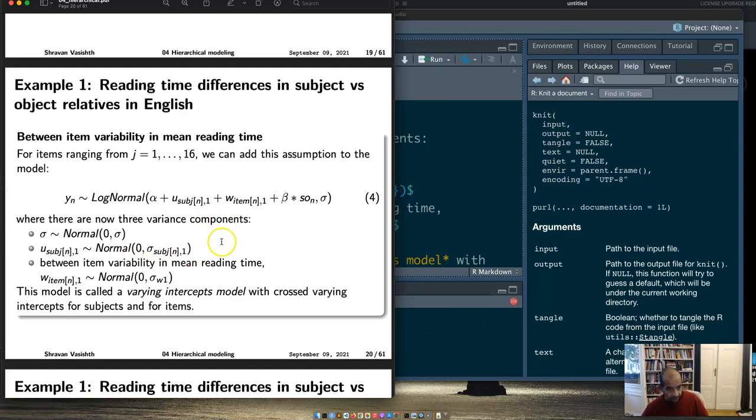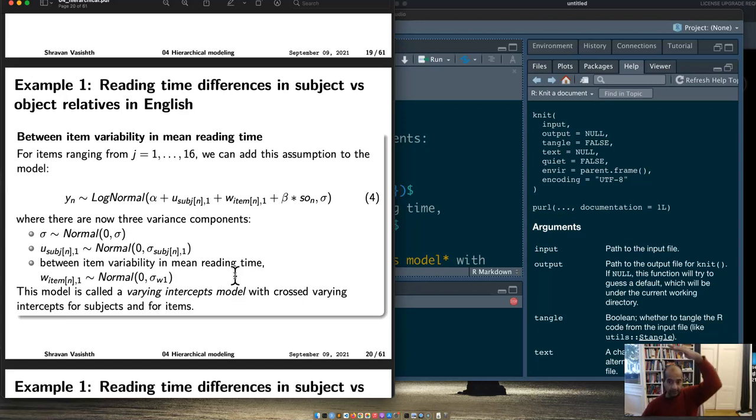So the model that we now have is a varying intercepts model with crossed varying intercepts for subjects and for items, right? So what we are saying is that there will be an adjustment to the average alpha here. This alpha, sorry, what am I talking about here? The alpha is this midpoint here, the average reading time, right?